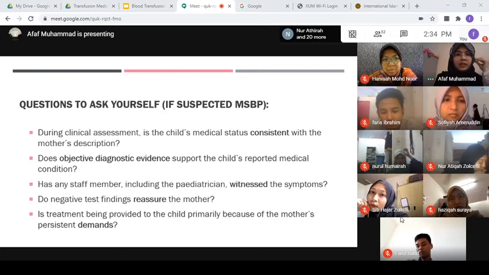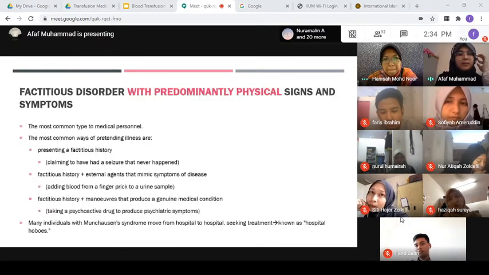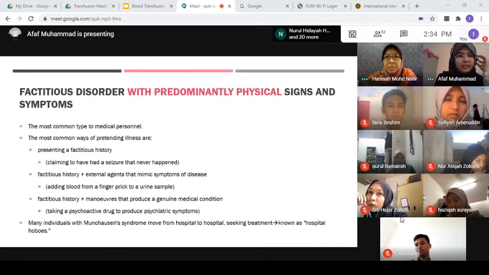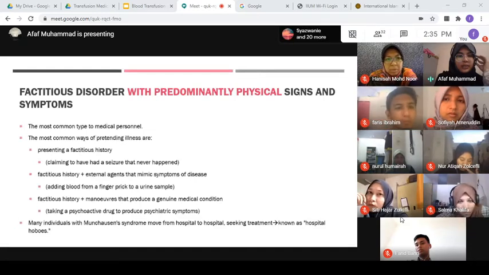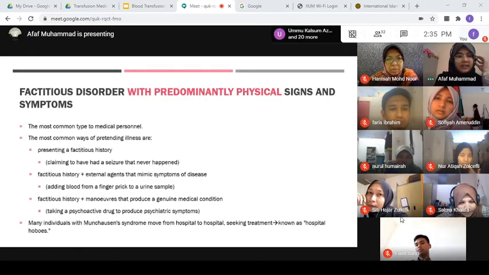Okay, so the others, this one is according to which symptom is more predominant, whether it's physical. So this one is the type that is common in medical personnel, whereby they can give a factitious history, for example, saying that they had a seizure, or putting blood into a urine sample, which is that they actually contaminate the urine sample on purpose.